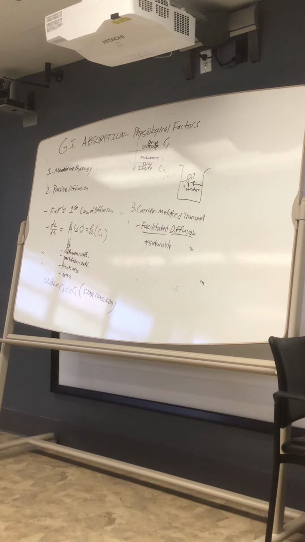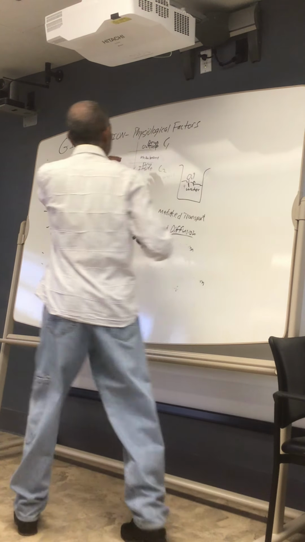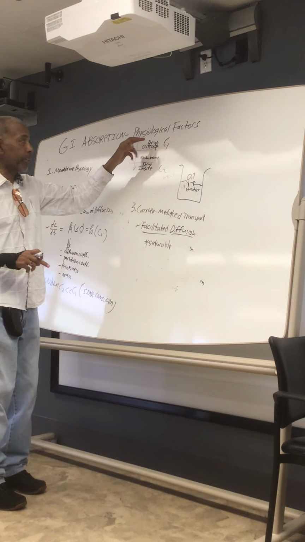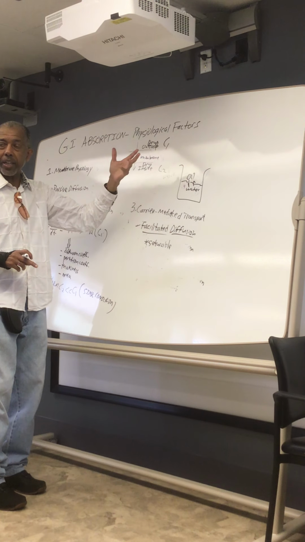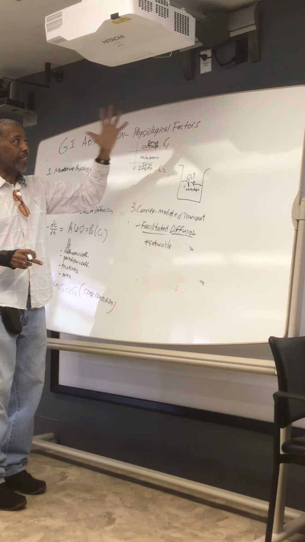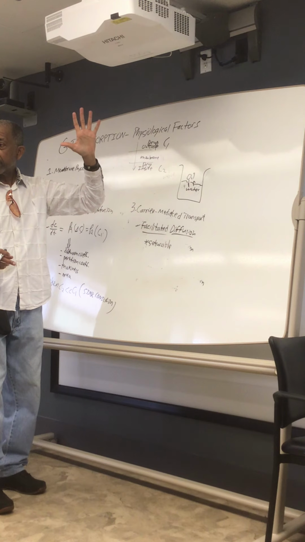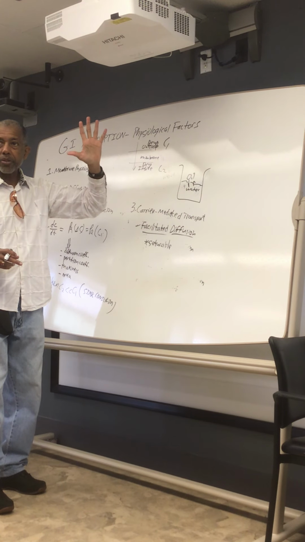If it's saturable, that means you only have a limited amount of that carrier. So if you keep increasing the concentration of drug, which we could do by giving a larger dose, we can get to the point where we only have this many carrier molecules and a boatload of drug molecules.